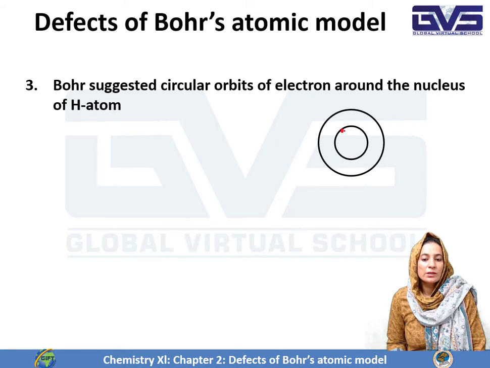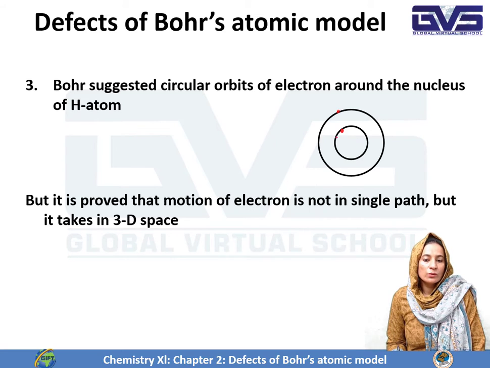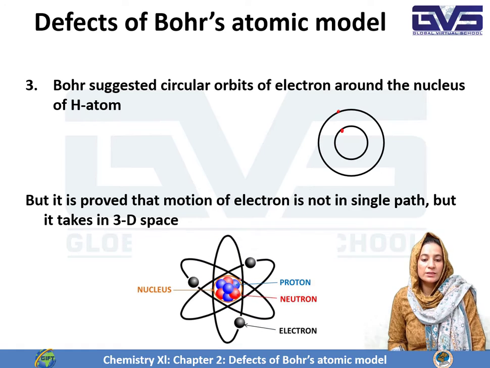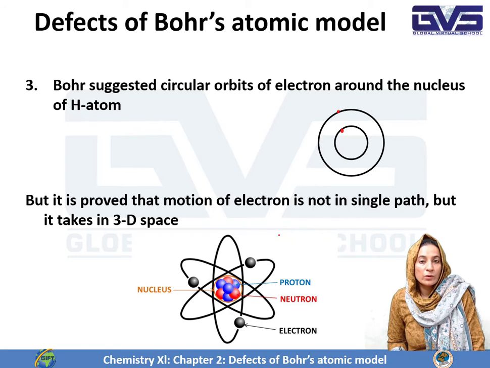But actually we now know that electrons do not revolve in a single path, but in 3 dimensions in space. This is the nucleus, and the electron is moving on the x-axis, y-axis and z-axis, on all possible axes. So this is also a defect of Bohr's atomic model.